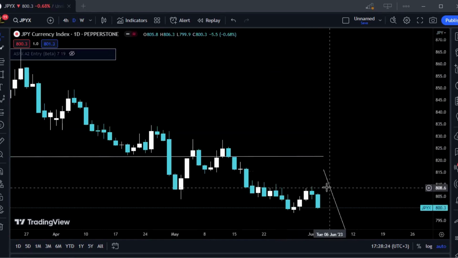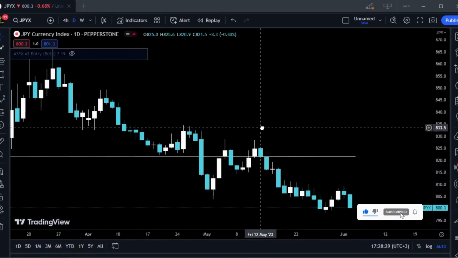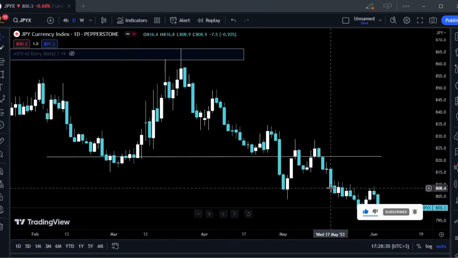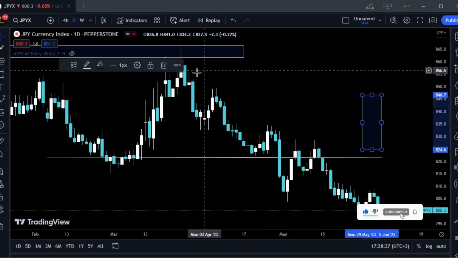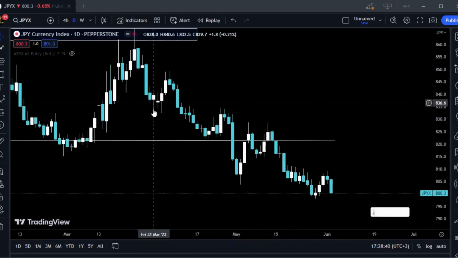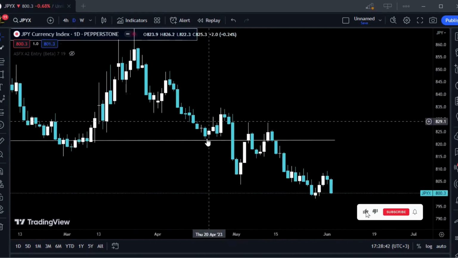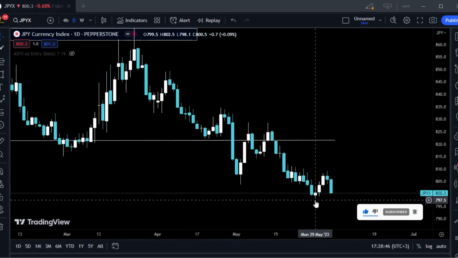This is from the daily perspective. From the daily perspective, prices are creating lower lows and lower highs. It's a solid bearish trend. Look at this. We had a high, we had a low, we had a lower high, lower low, lower high, lower low, lower high, lower low.